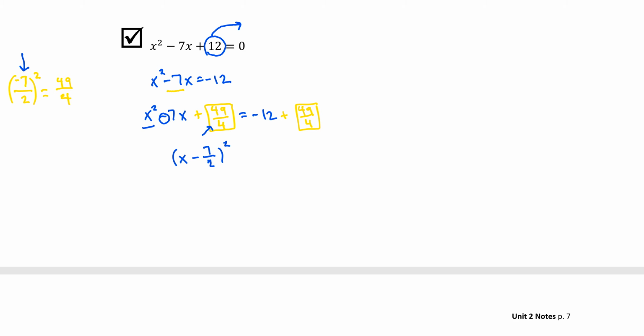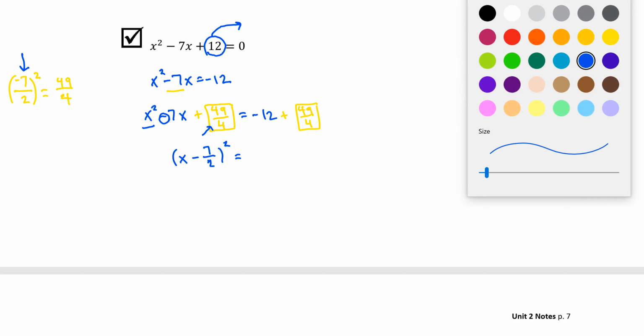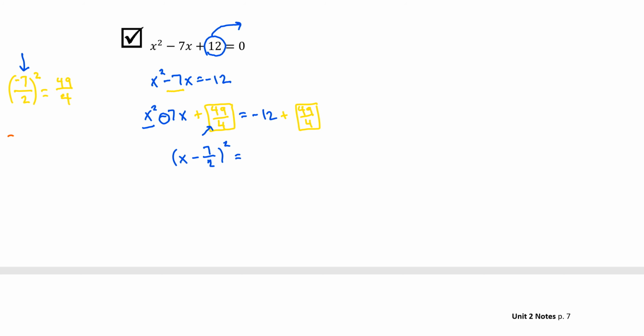Okay? On the right side, we're going to add fractions. Let's do this as side work. So I'm going to evaluate negative 12 over 1 plus 49 over 4. Looks like we need a common denominator. So multiply the top and the bottom by 4, and we end up with 1/4.